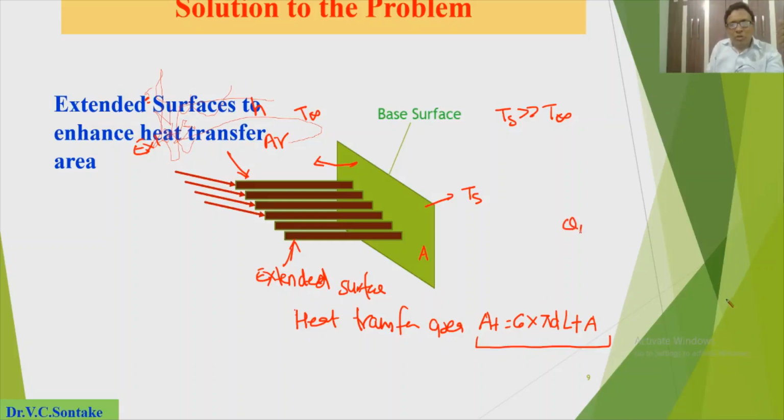So heat transfer rate with base surface area, let's say it is Q1, and heat transfer rate with extended surfaces is, let's say, Q2, and in the second case heat transfer area has been increased tremendously, so heat transfer rate in the second case will also get enhanced. So that is the purpose of extended surfaces.